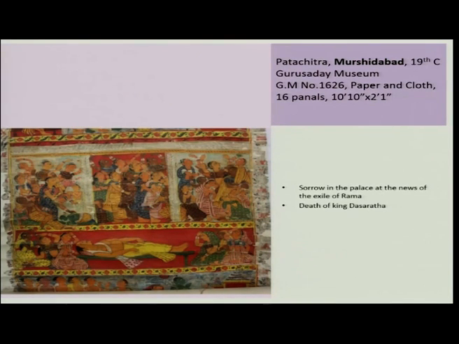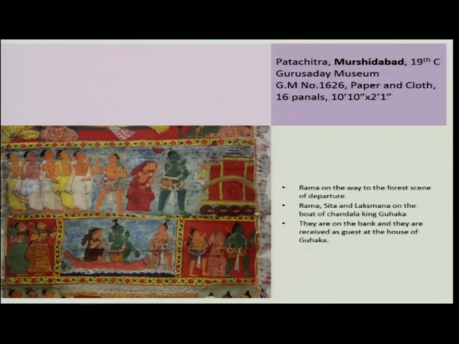Sorrow in the palace at the news of the exile of Rama, the death of King Dasharatha, and everybody lamenting all around. Rama on the way to the forest, that is the scene of departure.